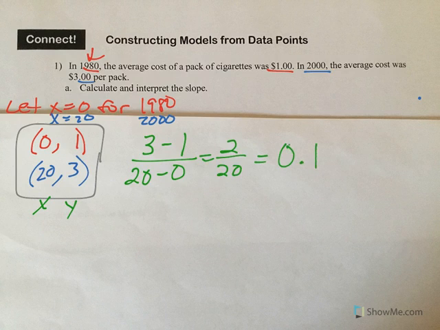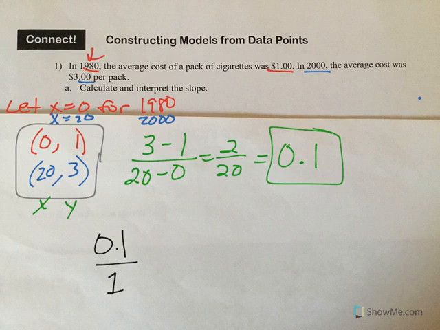Now think about this in terms of money. This is my slope, but I can write that as a fraction, 0.1 over 1, because you can make anything a fraction by putting it over 1. The top number represents money, and the bottom number represents years since 1980.